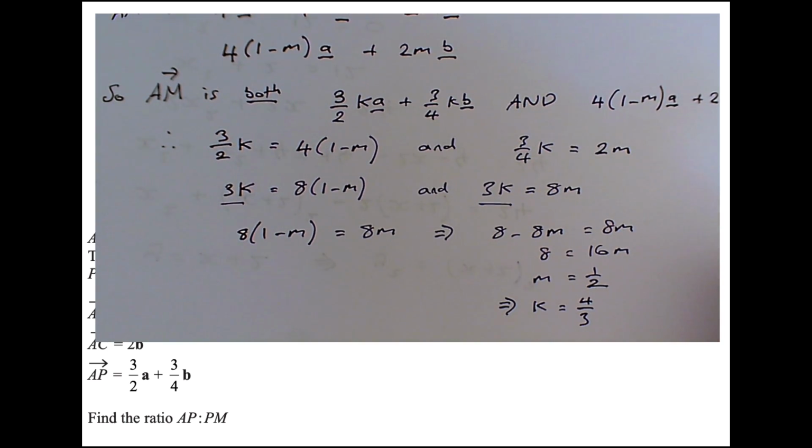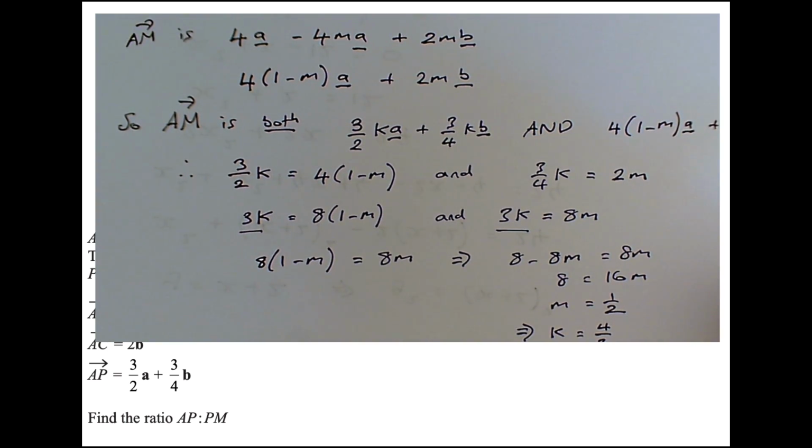I'm going to write down A to M now, and I'm going to describe the journey exactly. So, here we go. K is equal to 4/3, so 3 halves times 4/3 is going to be 12 sixes or 2A. So we've got two lots of A's, direction vectors.